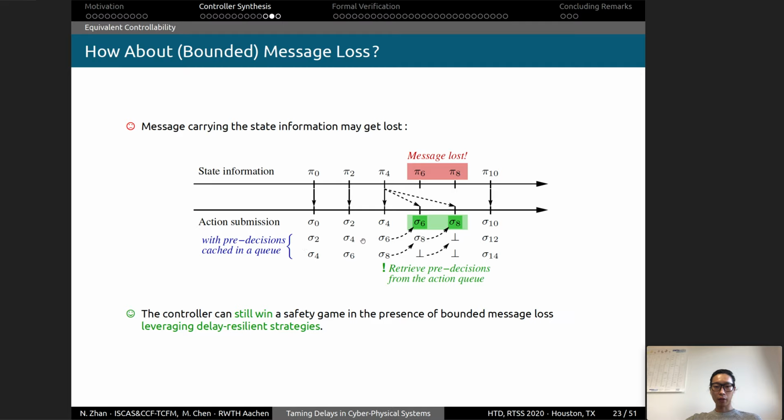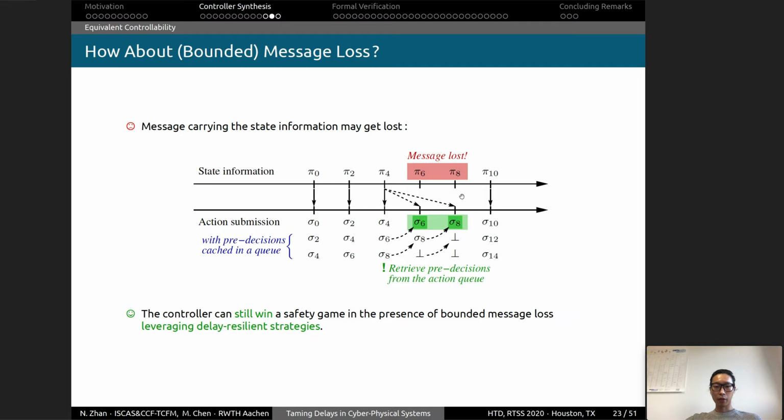This queue is useless if player one always has the most fresh state observation. However, whenever a message is lost, we can simply retrieve from the queue this action sigma 6, which is safe to play at this time instant, even if we don't have access to the current state information. And similarly, this sigma 8 is safe to be taken at this time unit.